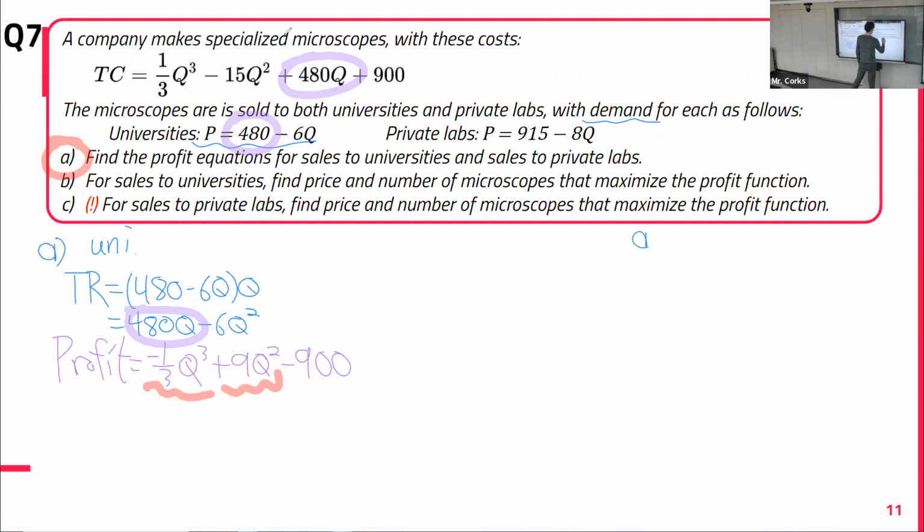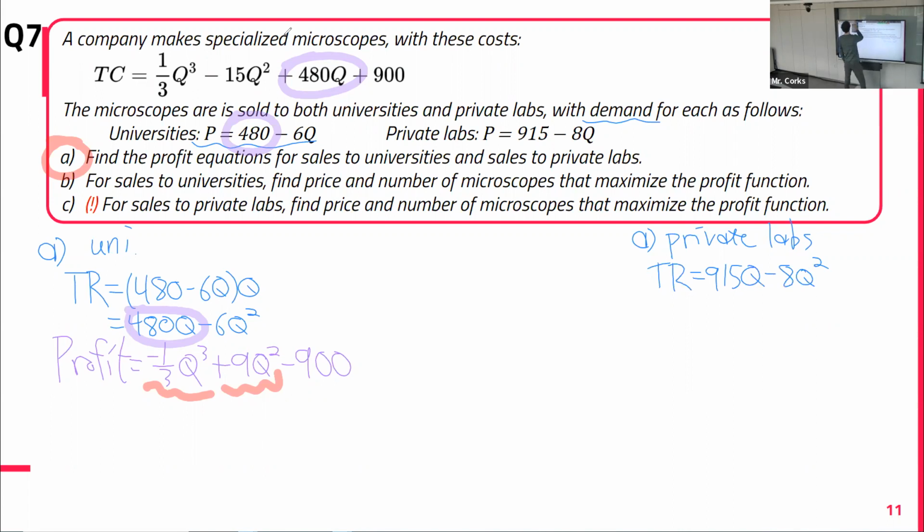So for the private labs, our total revenue function here will be just Q times this thing. So 915Q minus 8Q squared.